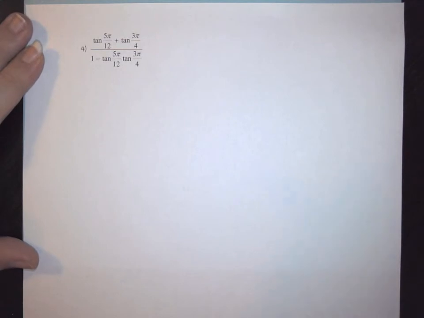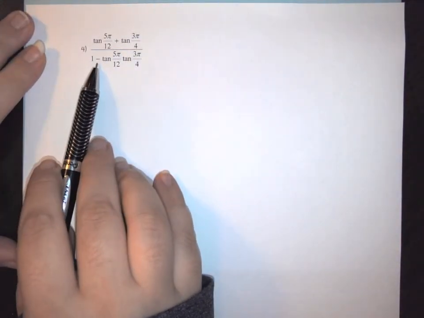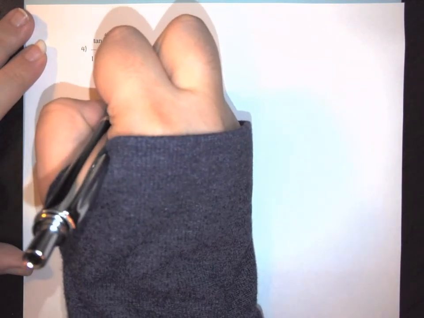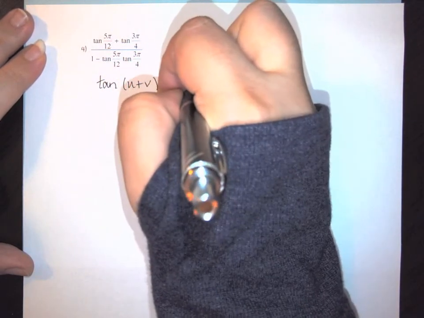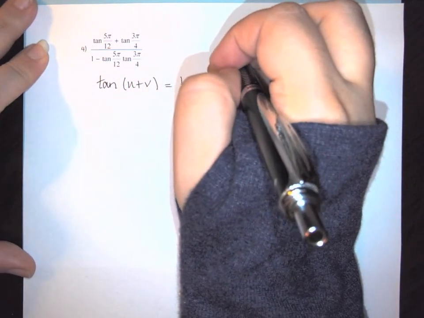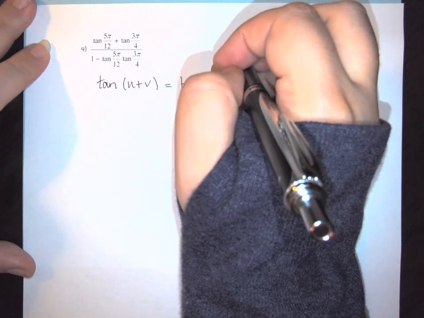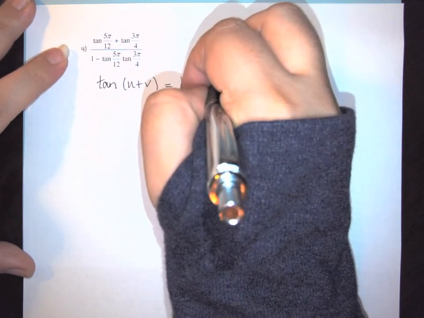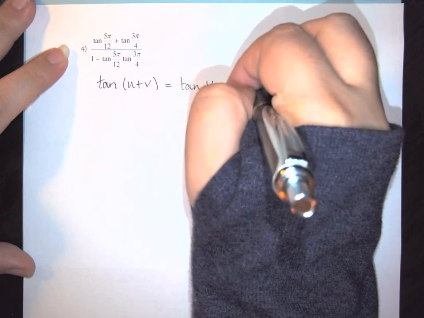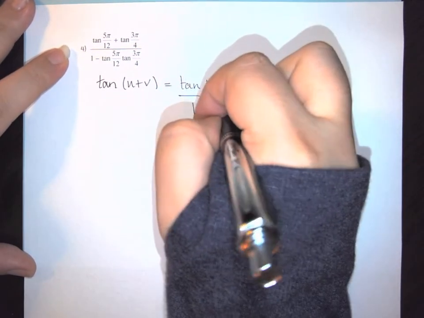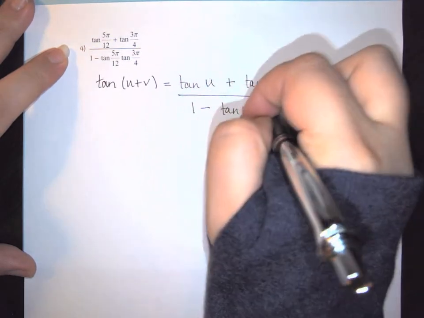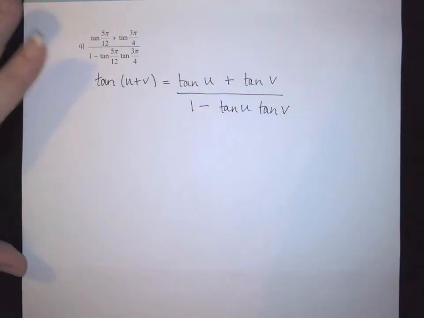In this case, I have positive on top, negative on the bottom, which says I am doing the tangent of u plus v is equal to the tangent of u plus the tangent of v all over 1 minus the tangent of u, the tangent of v.